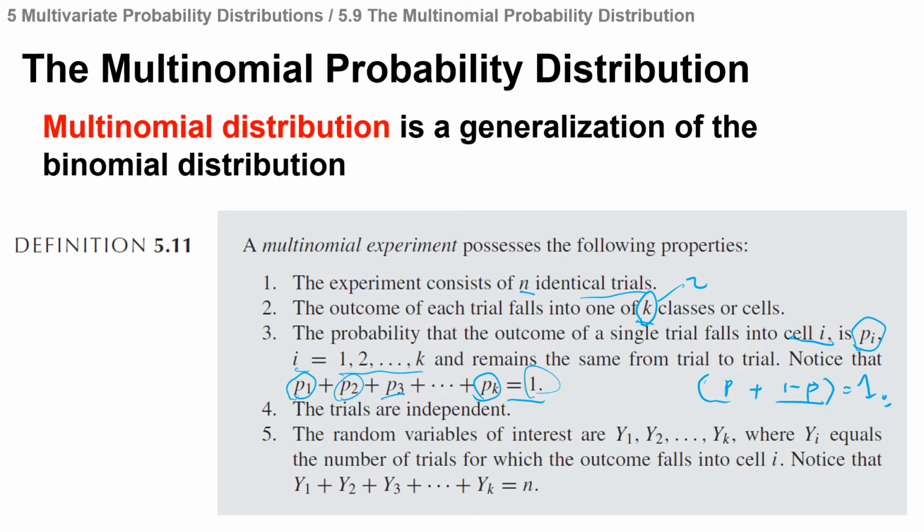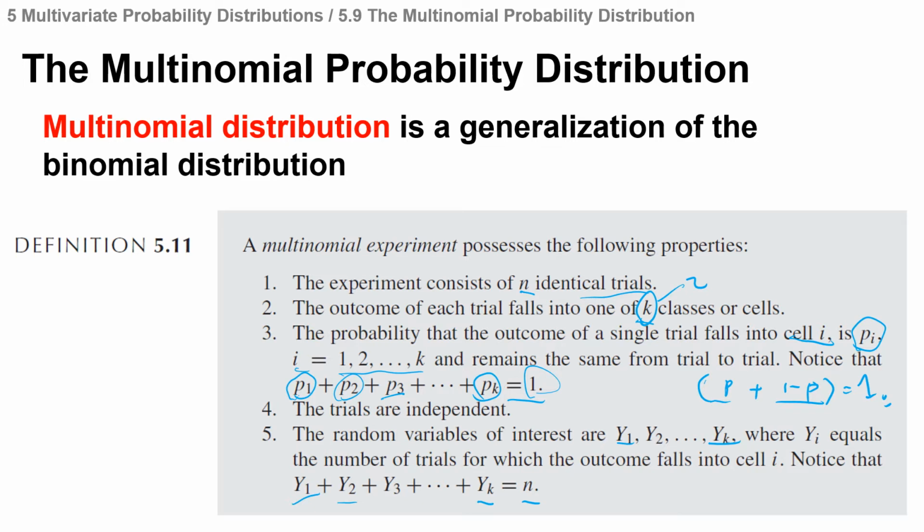And number 4, the trials are independent. And number 5, the random variables of interest are y_1 to y_k, where y_i equals the number of trials for which the outcome falls into cell i. Notice that y_1 plus y_2 plus dot dot dot plus y_k equals n.